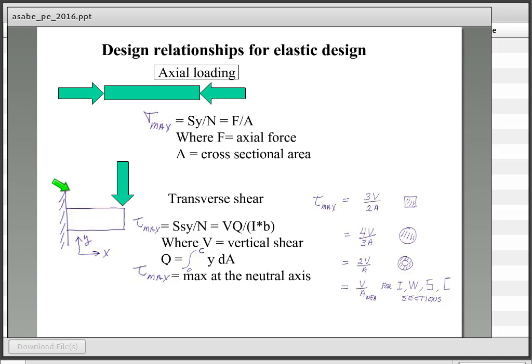So let's back up here and go to some really basic considerations of design relationships for what we could call elastic design. Usually we're designing in the elastic range. That is, we usually are not designing parts that go beyond the yield point stress-wise in a piece of material.